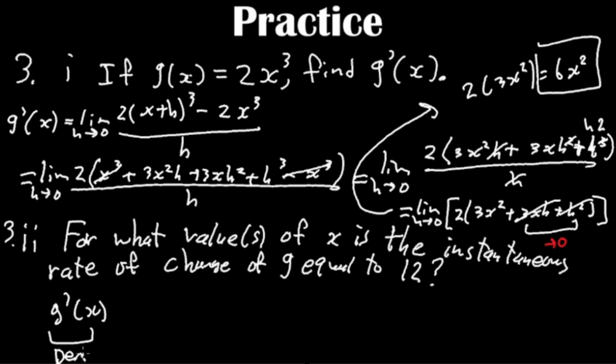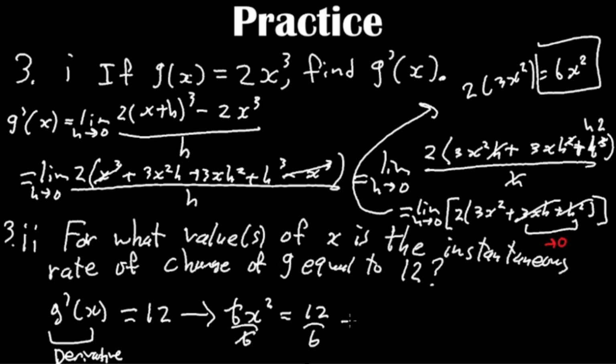This is our derivative. And we're trying to find for what values of x that is equal to 12. So this is equivalent to saying for what values of x is 6x squared equal to 12. If we divide both sides by 6, we get x squared equals 2.